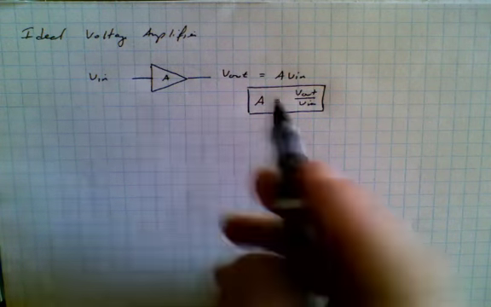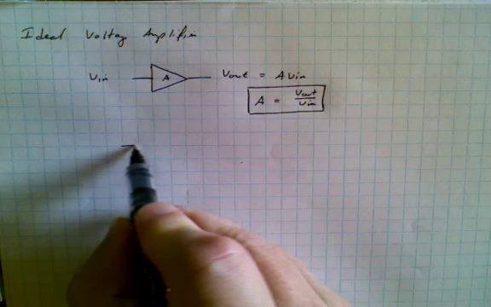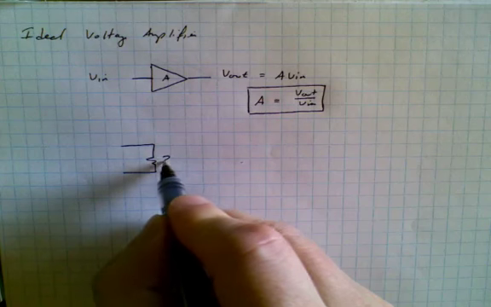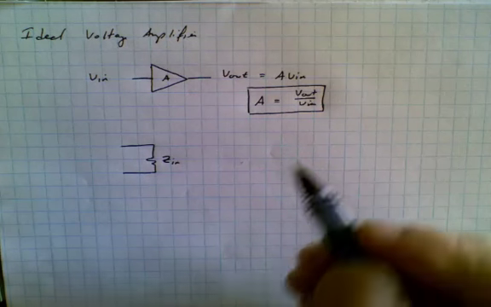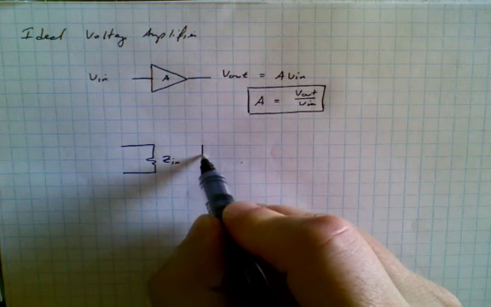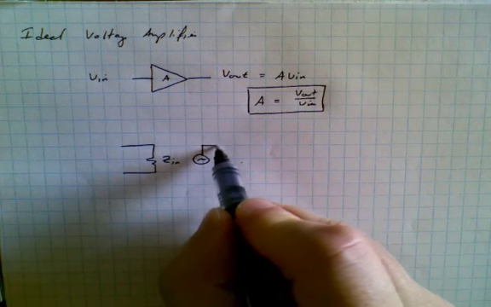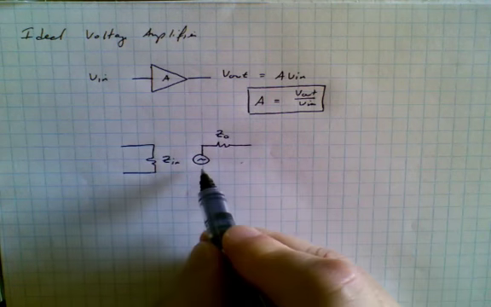If we were to take a look at the input of any amplifier, it would generally have some kind of an impedance. Now we're going to use Z as the symbol for impedance because we're talking about AC signals. And the output, of course, can be simulated by means of a voltage source and with a Thevenized output impedance, Z out.